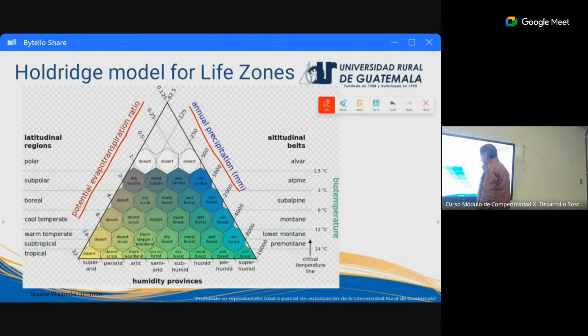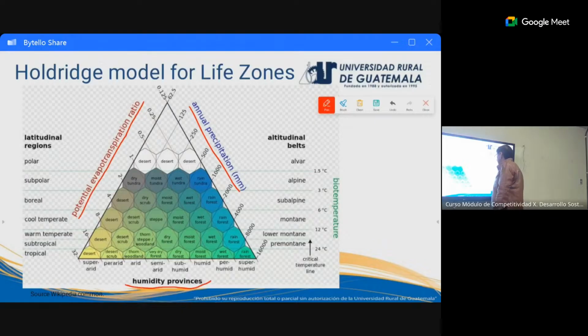And the third parameter is the humidity provinces here. Okay? So based on these 3 parameters, this model defines many types of climates through a country or through the world.